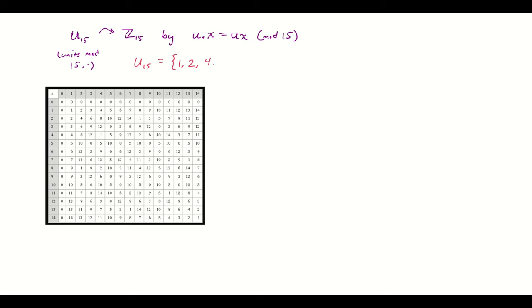I'm just reading down the left column. 7, 8, 9 has a common factor of 3, 10 has a common factor of 5, 11, 12 has a common factor of 3, 13, 14. There are 8 units mod 15. All right, so that means that we're only going to be focused on certain columns of the table.